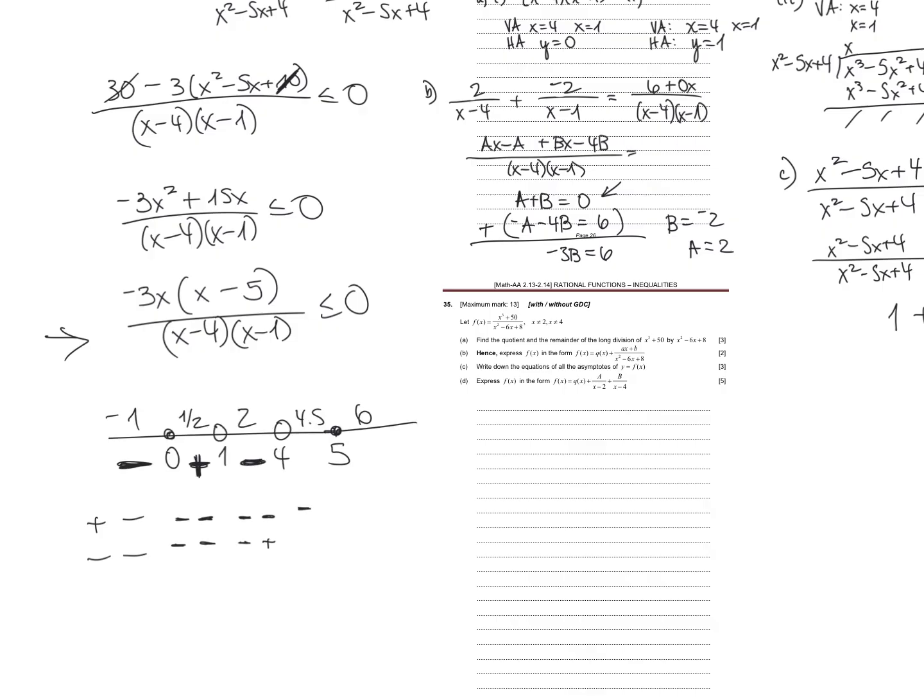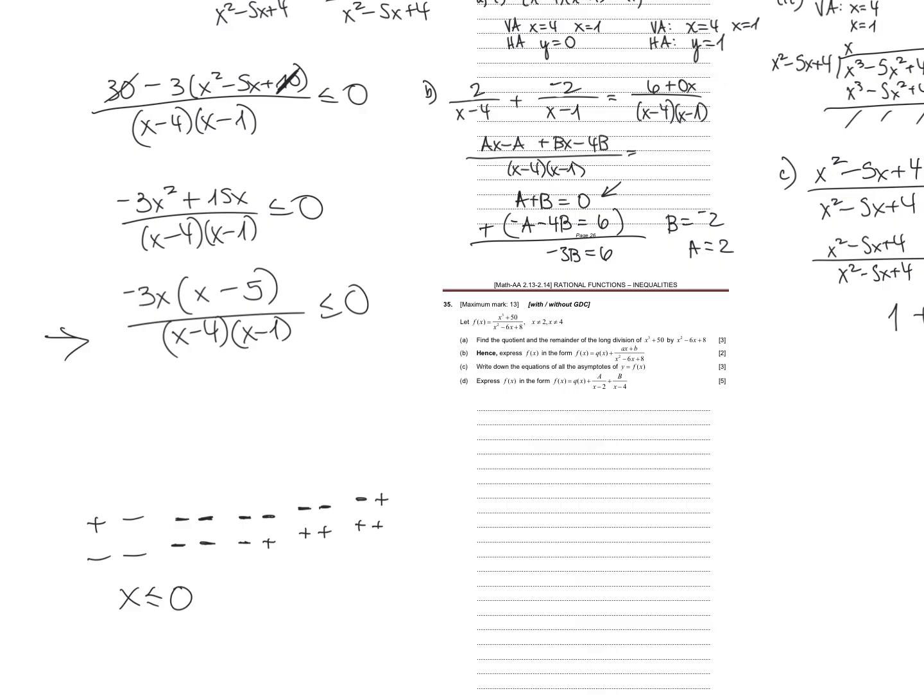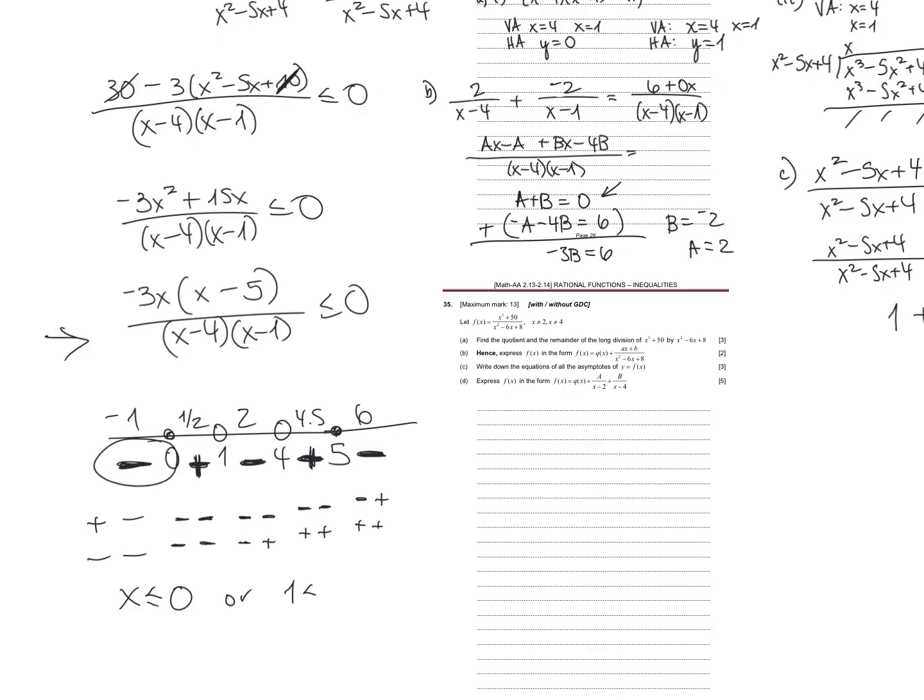So 4.5: negative, negative, positive, positive. So this is positive. And 6: negative, positive, positive, positive. So negative here, less than 0. Okay. X is less than or equal to 0, or it's in between 1 and 4, not including either, or, whoops, X greater than or equal to 5.